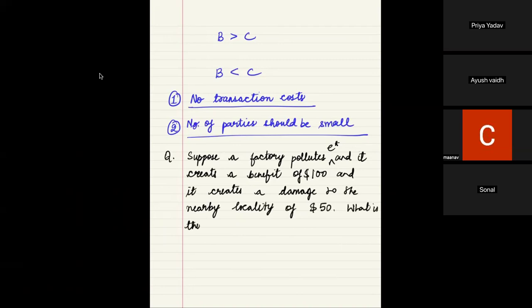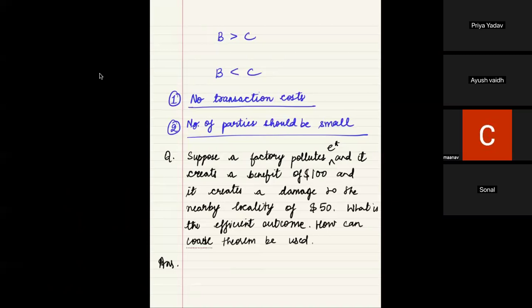What is the efficient outcome? How can the Coase theorem be used? Okay, so can anyone answer what would be the efficient outcome?